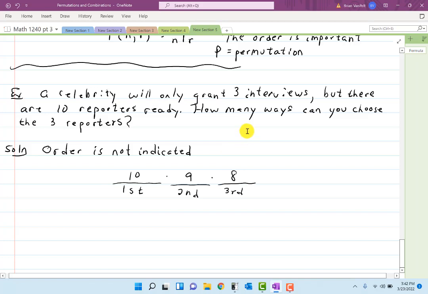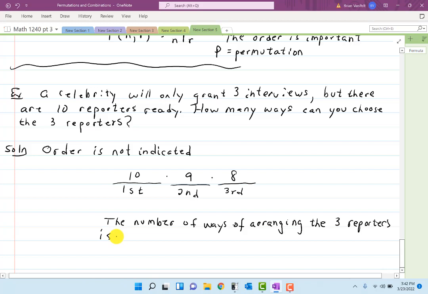Well, ordering means to multiply in this fashion. And the number of ways of arranging these 3 people is given by 3 factorial.